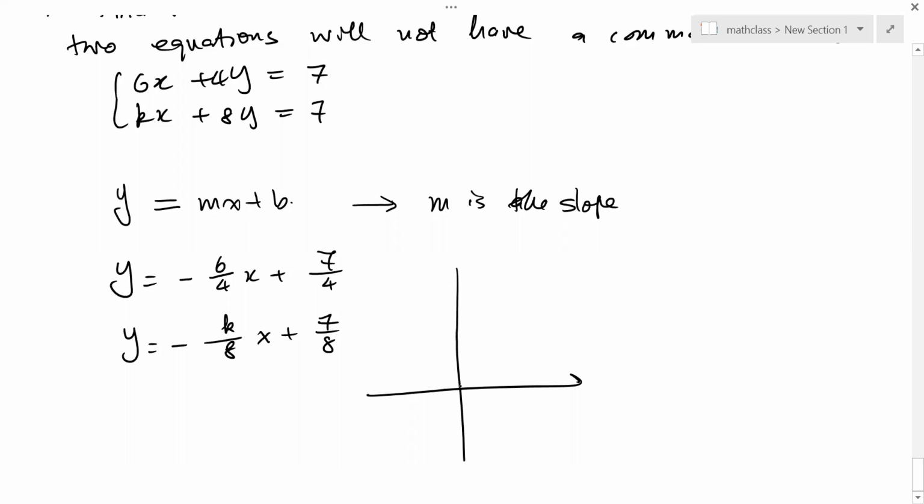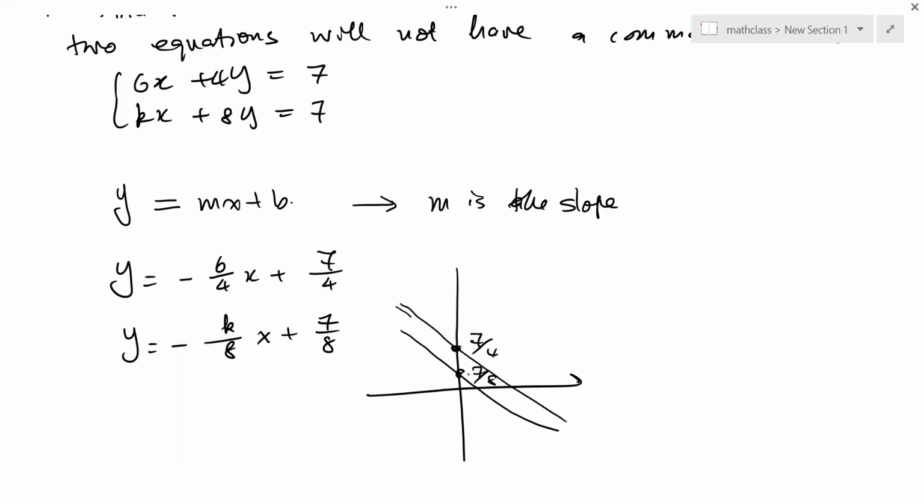The first one has a negative slope, with 7 over 4, and the other has 7 over 8. If those two lines are parallel, then there is no solution. As long as they have the same slope, those two lines have no intersection point, which means no solution.